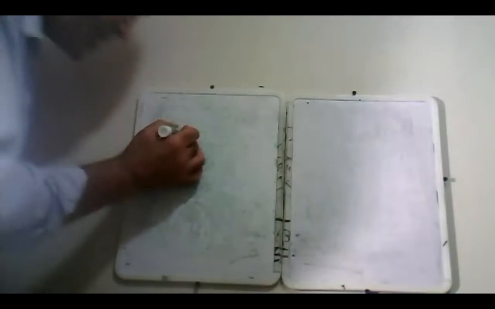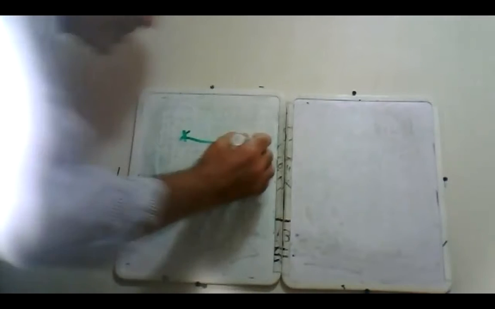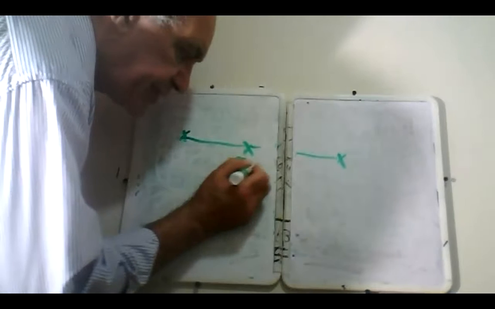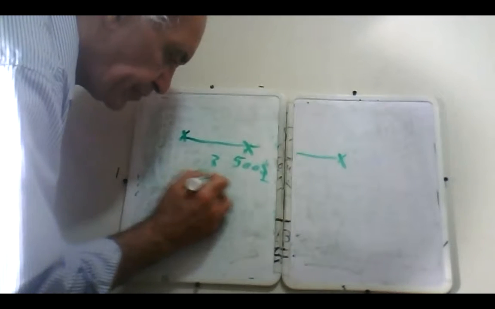example? So here, as you can see, if this is the focal date and this is the first amount and this is the second amount, let's say the first amount is $500 and this is 3 months. This is 3 months, right?